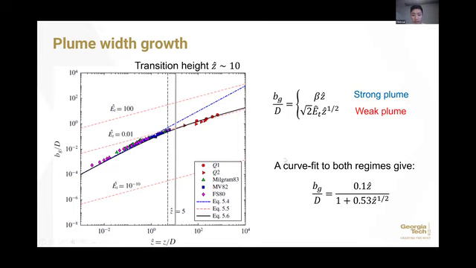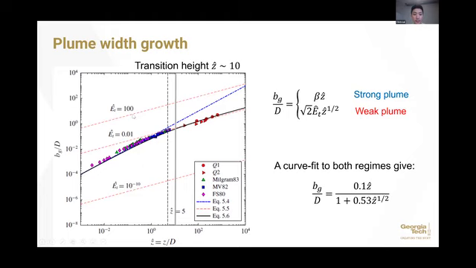In this fitting process, in the weak plume, the additional parameter that is needed is a non-dimensional turbulent diffusion coefficient. And we find that this value is about 0.01 in our study.